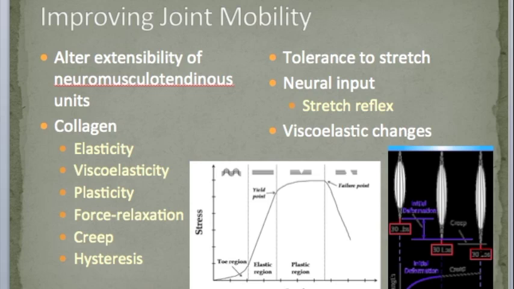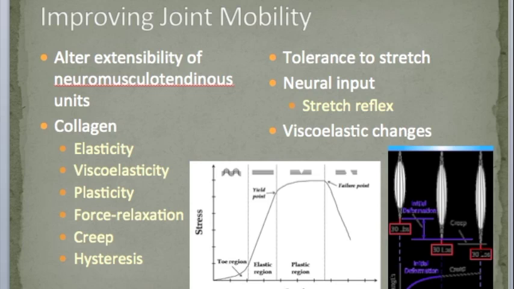The goal of improving joint mobility is that you're altering the extensibility of the neuromusculotendinous units. So it's not just about the elasticity or flexibility of the muscle or the tendon or the ligament or the joint capsule. It's how that feels and how that all gets communicated back to the brain, how the body reacts to it, and so on.